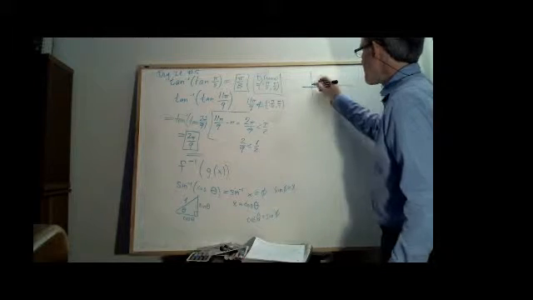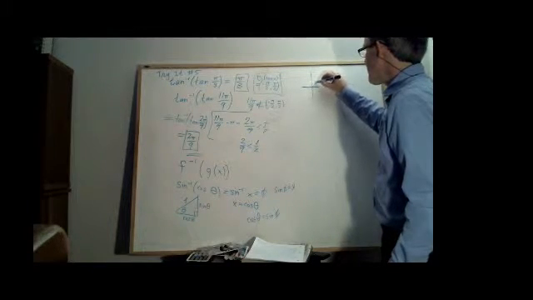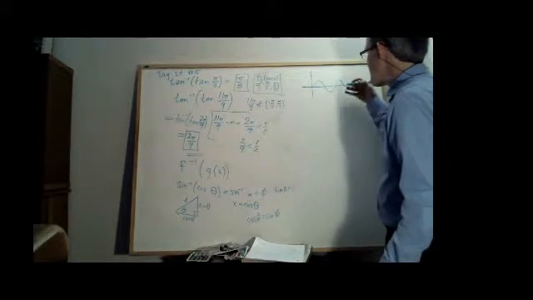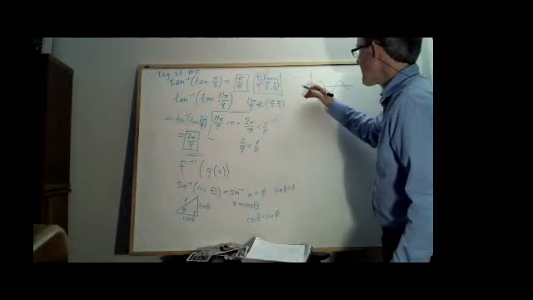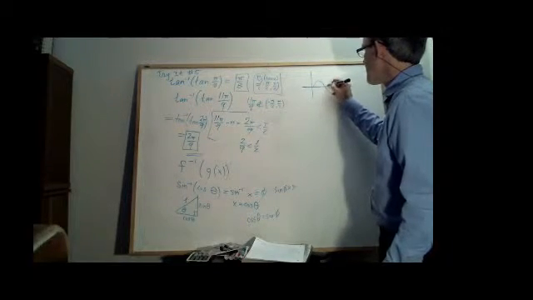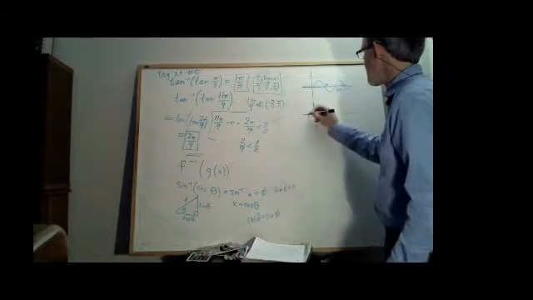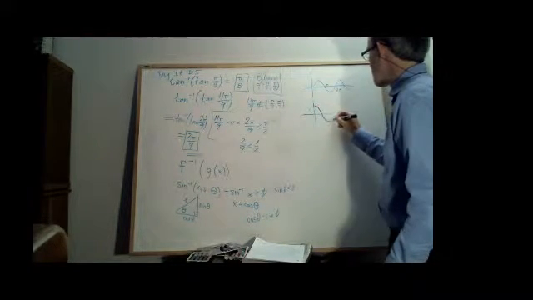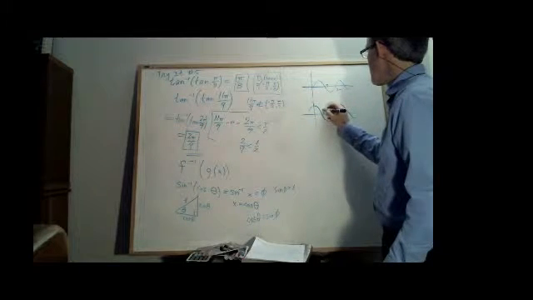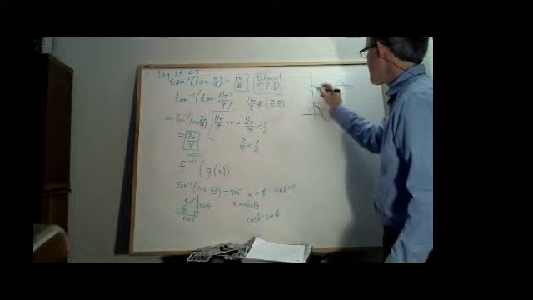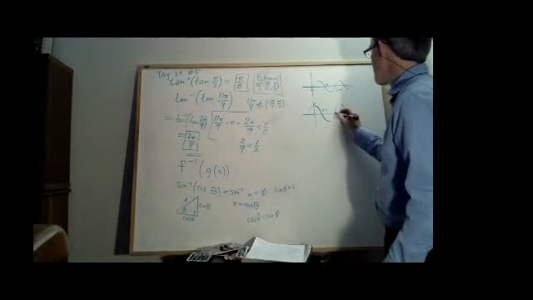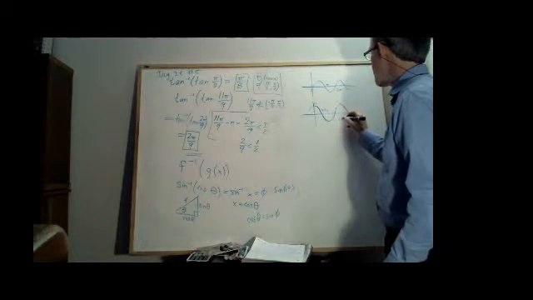Well, we saw something like that before, because we saw before that if you take the sine function and shift it to the left by pi over 2, then you get the cosine function. Okay, that's pi over 2, that's 0, right? So this is pi over 2 here.